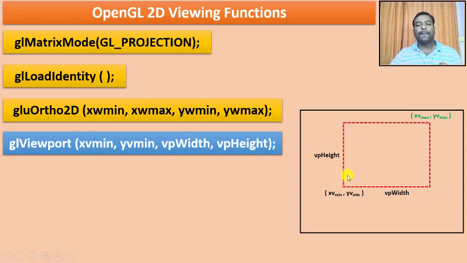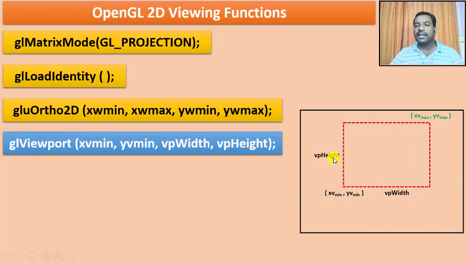It is similar to the rectangle we just discussed, where I need 2 diagonally opposite points to draw a rectangle. The viewport is similar to that. Hence, if I want to know xv max, I just take xv min plus width, which will give me xv max.